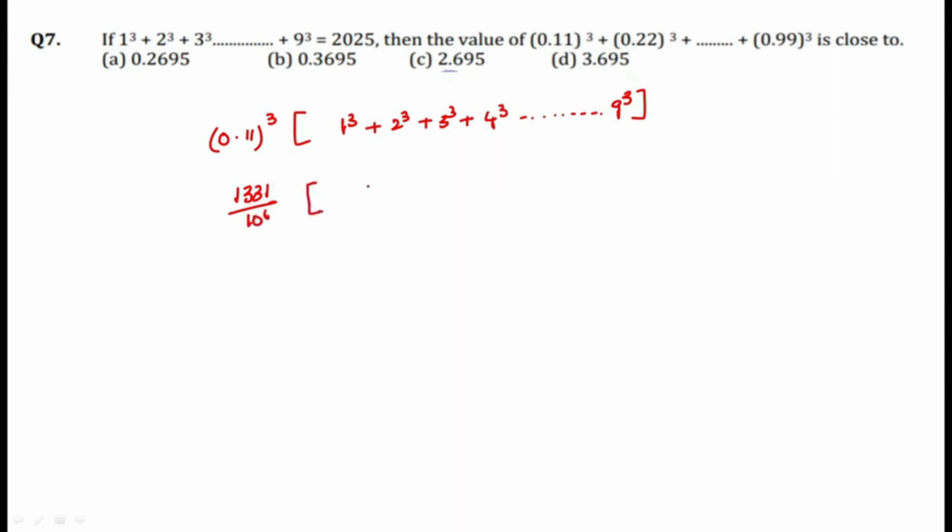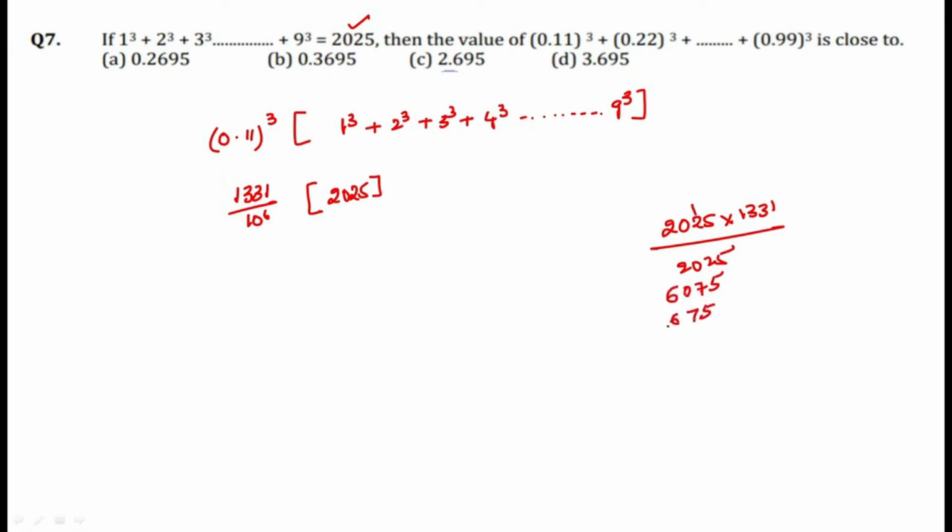Now 1 cube plus 2 cube plus 3 cube up to 9 cube is given as 2025. And multiply the numbers. 2025 is multiplied with 1331. Make it fast. The 2025 again, 3 5s are 15, 3 2s are 6, it's a 7 and 0, 3 2s are 6, is the 6075.